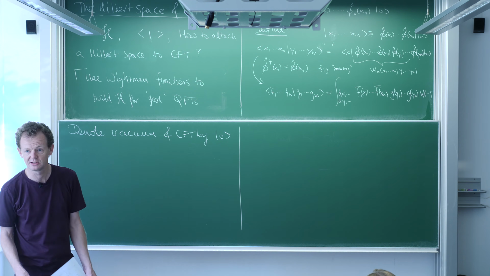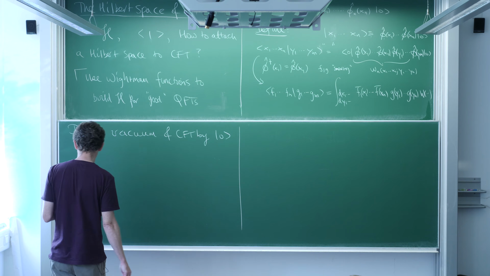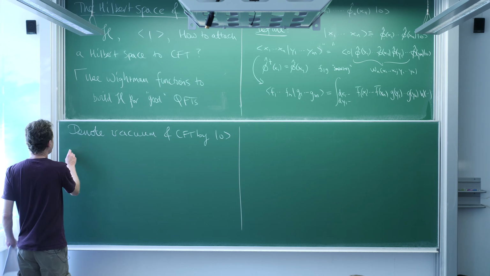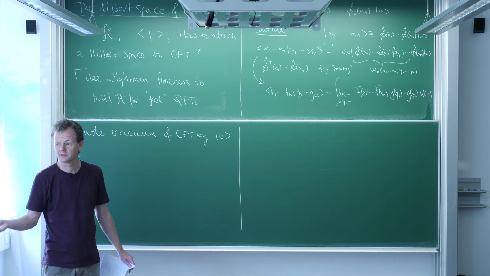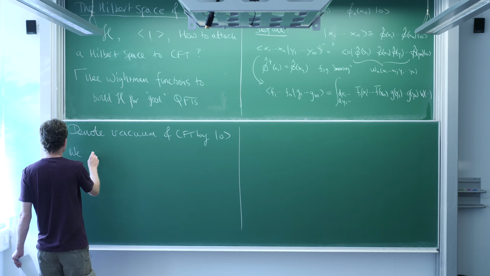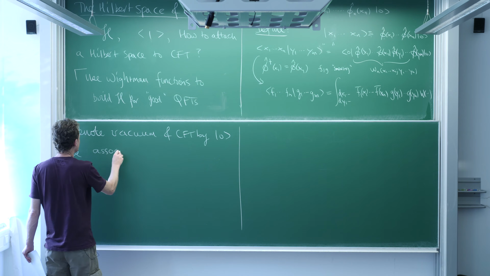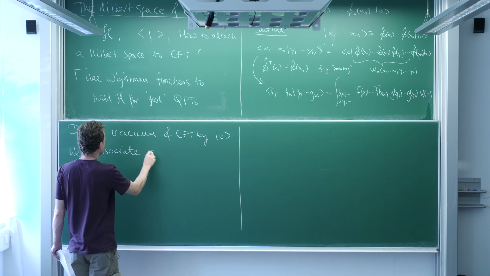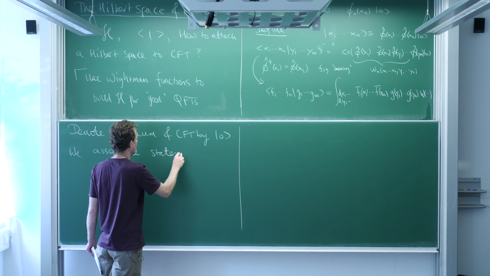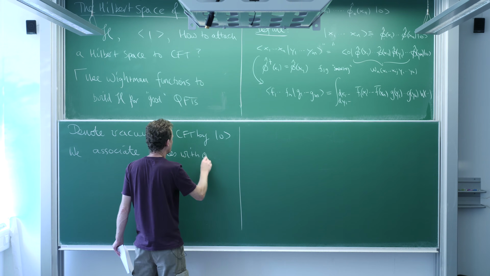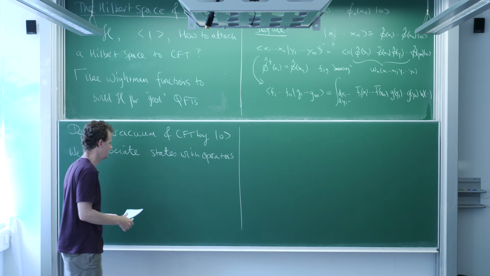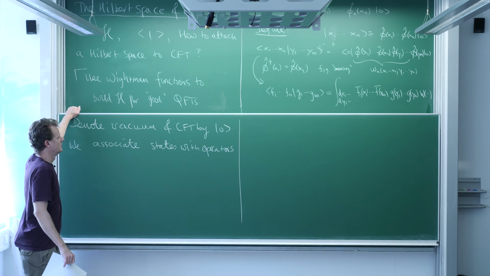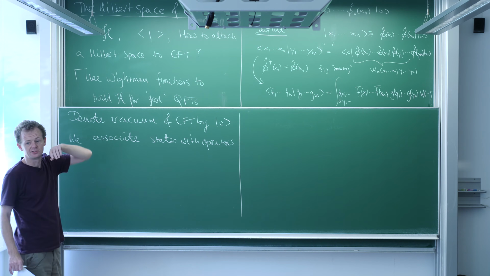This is not a perturbative statement. This is the vacuum. And our first step is to associate states with operators and vice versa. So to every operator, we're going to associate a state.